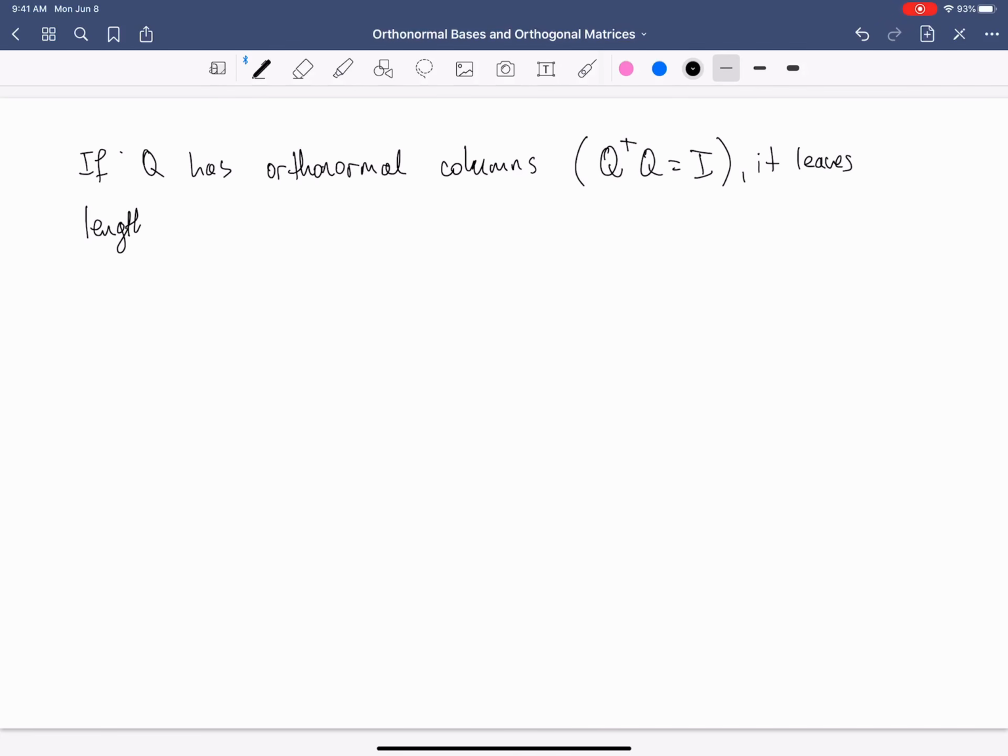If Q has orthonormal columns, meaning Q satisfies Q transpose Q equals the identity, and I'm not requiring here that Q be a square matrix, it leaves lengths unchanged.